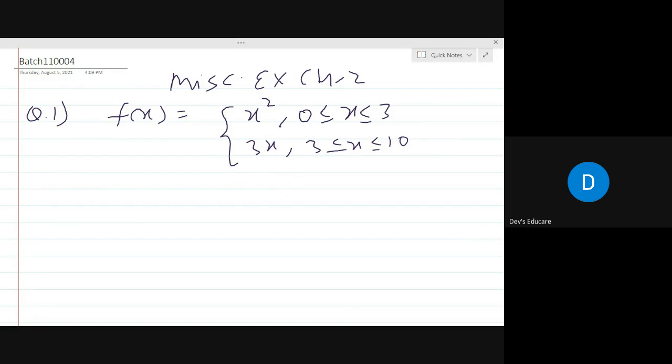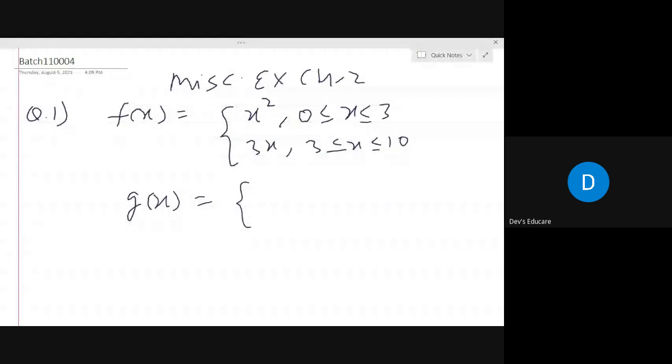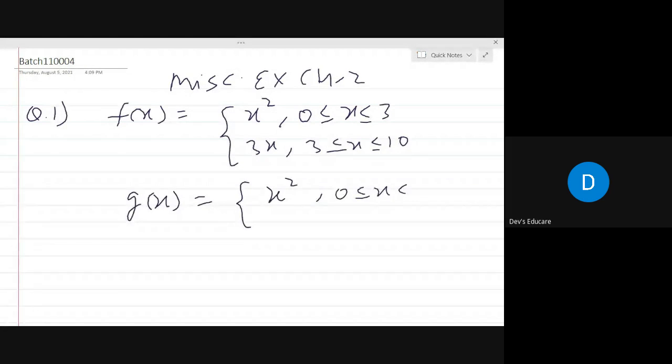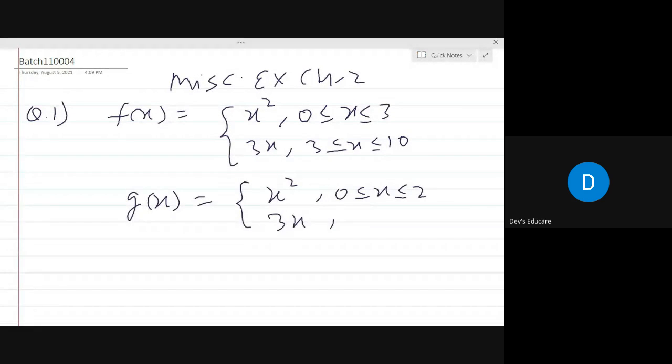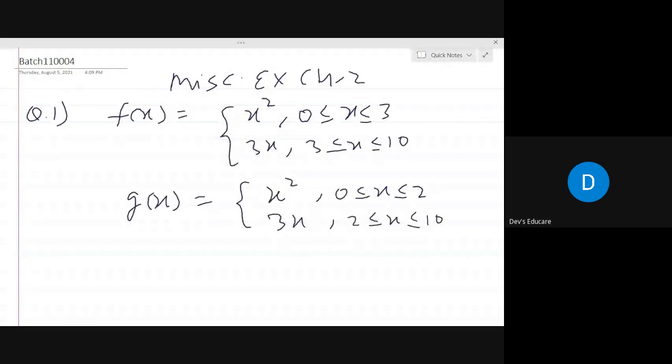The relation g is defined as g(x) equals x square for 0 less than or equal to x less than or equal to 2, and 3x for 2 less than or equal to x less than or equal to 10. So these are the two functions f and g.